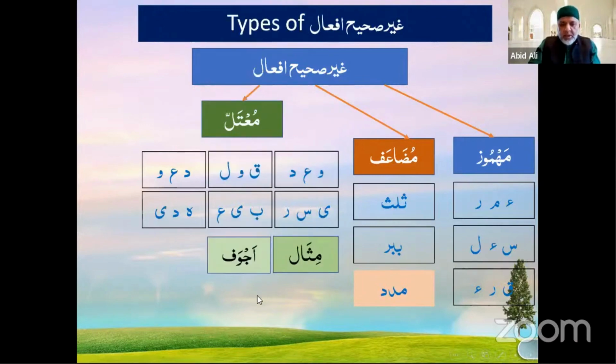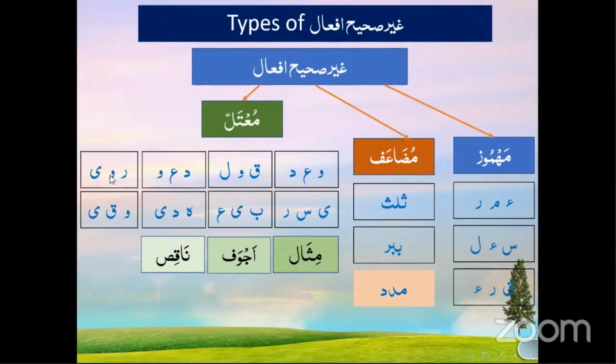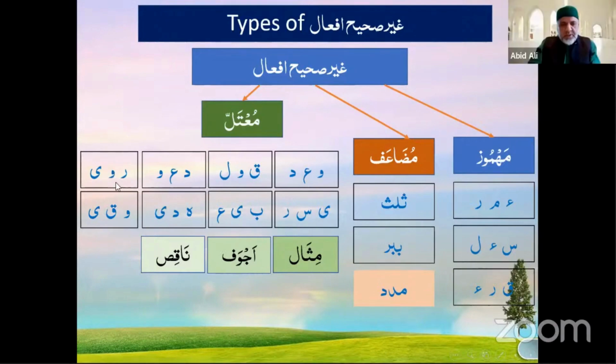We have mithal, and when it is in the ain kalima, ajwaf, and the lam kalima is naqis, right? Then we have situations when the weak letters are present in a sequence, like waw, ya, right next to each other, and then waw and ya with a letter in between, and we call them lafif.